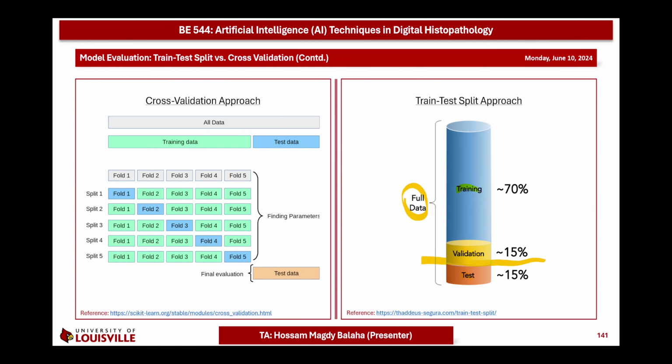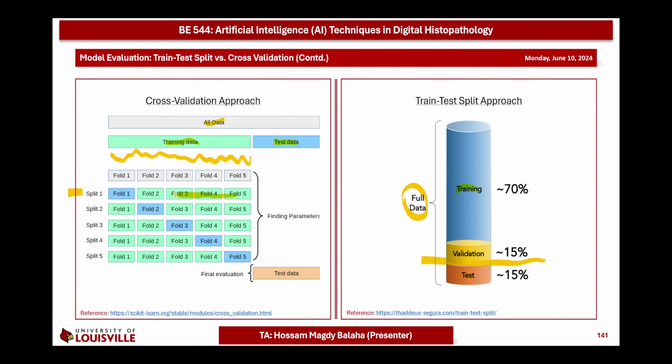On the other side, in cross-validation, we have the whole data. We split it into training and testing. In the training, we are splitting it further into folds, for example here 5 folds. So we are splitting the data into 5 groups. In the first split, we will take 4 folds for training and 1 for validation.